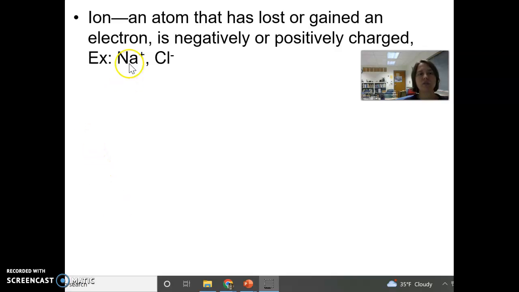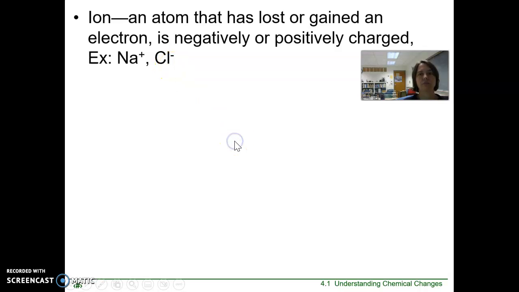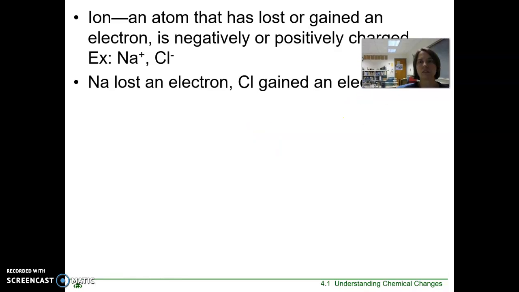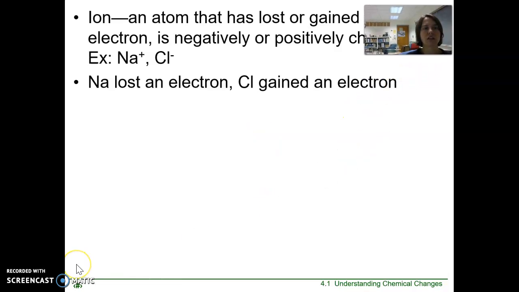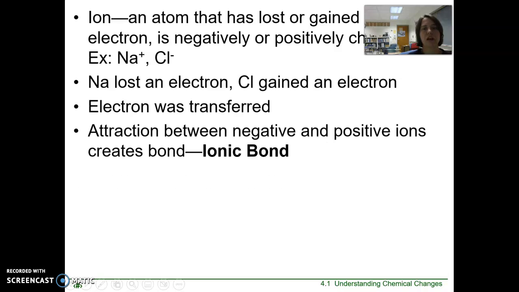Our two examples we went over were positively charged sodium, which lost an electron, and negatively charged chlorine, which gained an electron. Always remember this is a small l, not a capital I. So we know the electron was transferred. And then that attraction between a negative ion and a positive ion is a bond that we call an ionic bond.